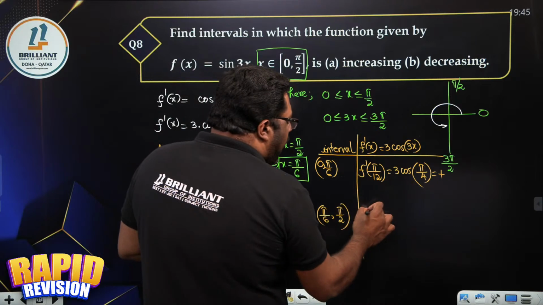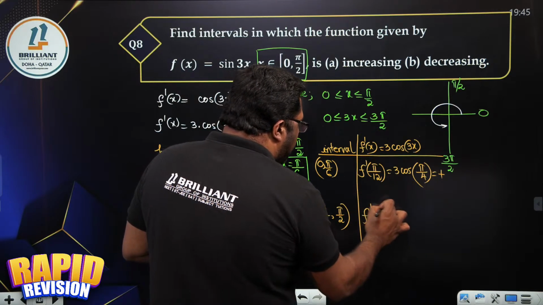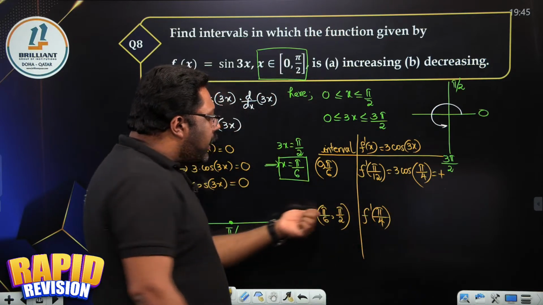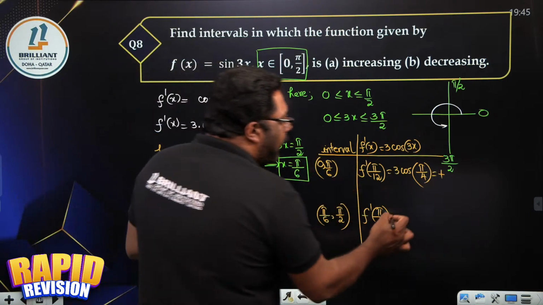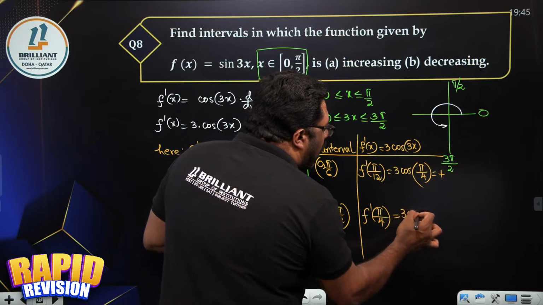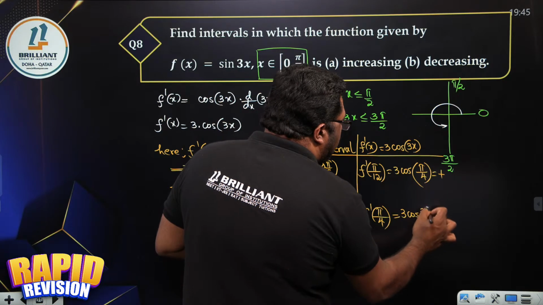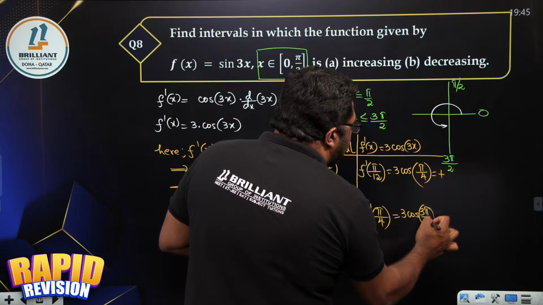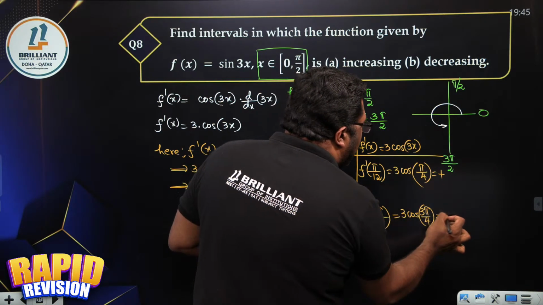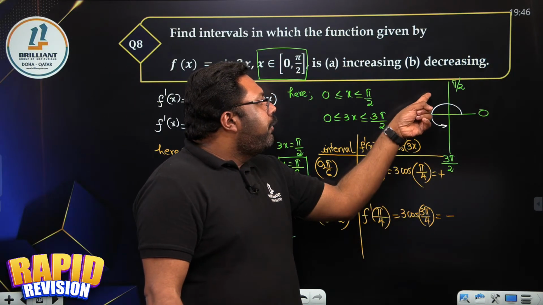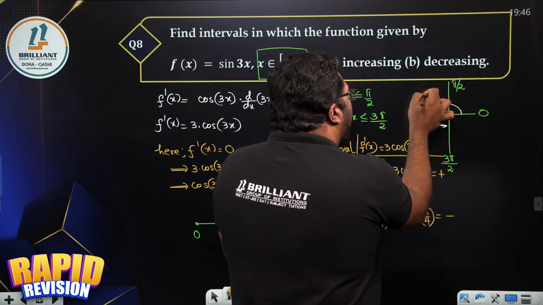Now if you think about any angle over here, I can say pi by 4, which is 45 degrees, greater than 30. 3 cos 3 times pi by 4 is 3 pi by 4, which, my dear students, I'm not concerned about even calculating. It's negative because 3 pi by 4 falls in the second quadrant.